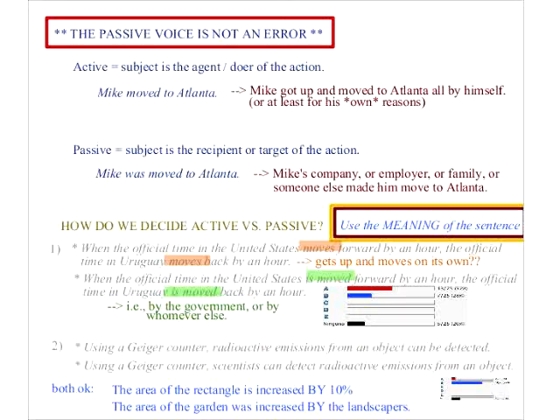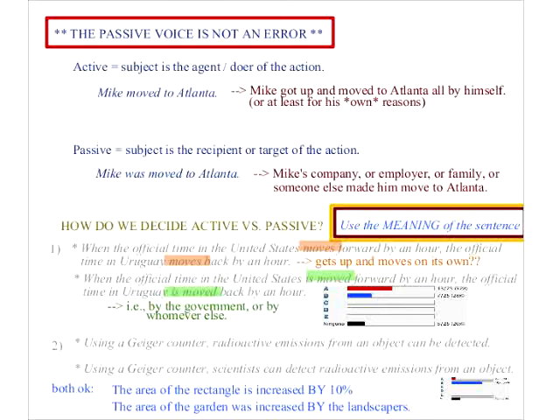In this case, the passive is not the error, though. This one's a modifier error because we don't know who is using the Geiger counter.